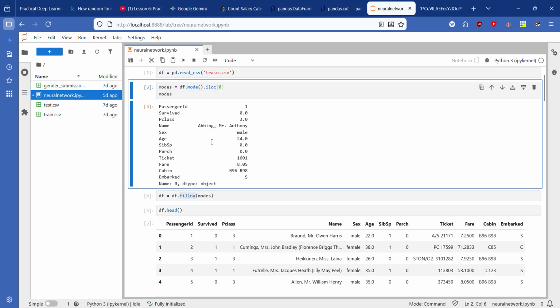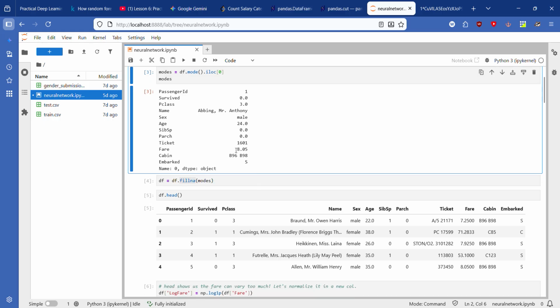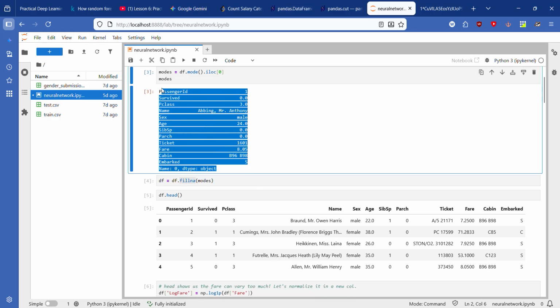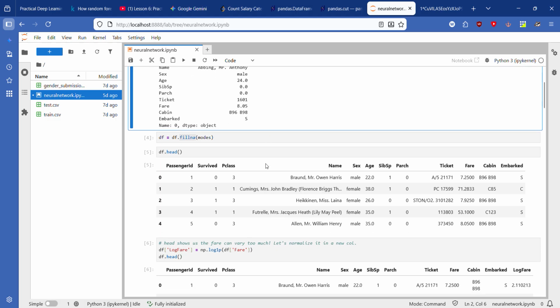I think if you're not familiar with pandas and you don't know what series are and stuff like that, it can look a little confusing. But just think of what you're seeing here as a row with identifiers.